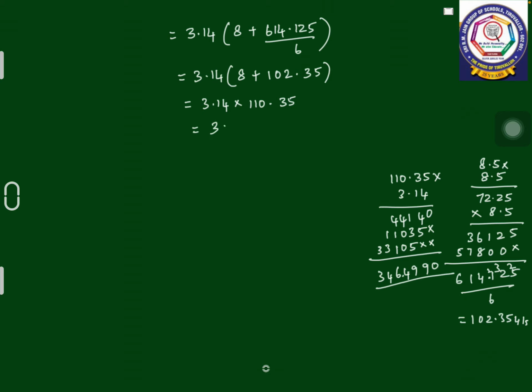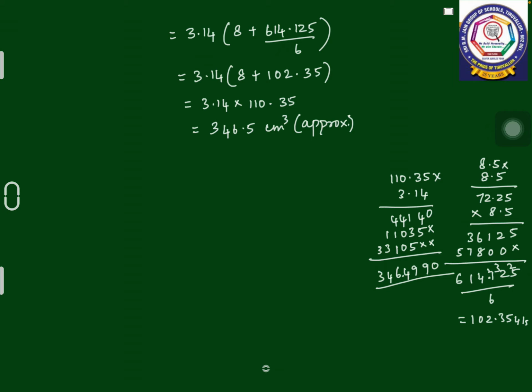Why do I write approximately? Because this is not the exact value, as I have taken only up to 2 decimal places. So the volume of the spherical glass vessel is 346.5 centimeter cube.